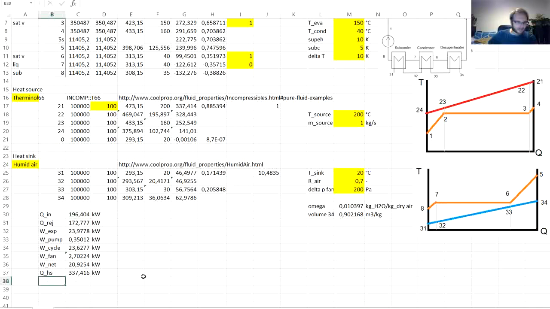And now the last parameter with respect to the heat source will be the exergy flow of the heat source. The Q heat source says how much energy can be extracted from the heat source regarding the first law of thermodynamics, the energy balance. The exergy, on the other hand, says how much of the heat content in the heat source can be theoretically converted to work.